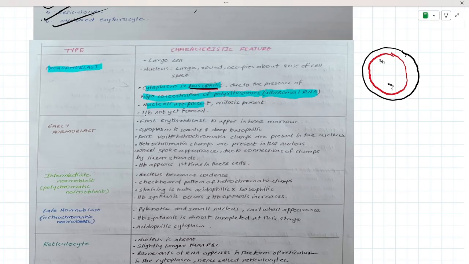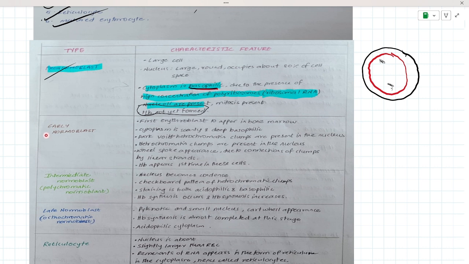Hemoglobin is not yet formed, as this is the first stage. So the characteristic features of pronormoblast: the cell is large, nucleus is large and occupies 80%, nucleoli is present, mitosis is present, and Hb is not there.